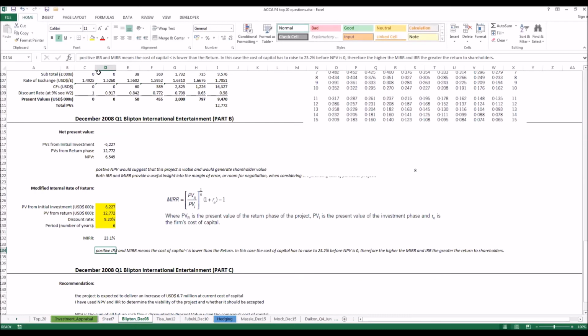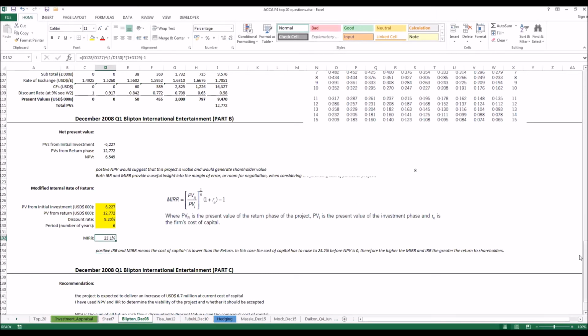In this case, the cost of capital has to rise to 23% from 9.2% before the NPV becomes zero. So the higher the MIRR and IRR, the greater the return to the shareholders.